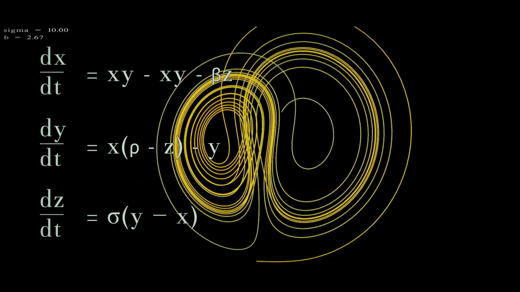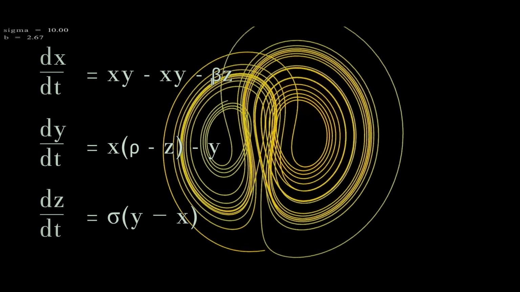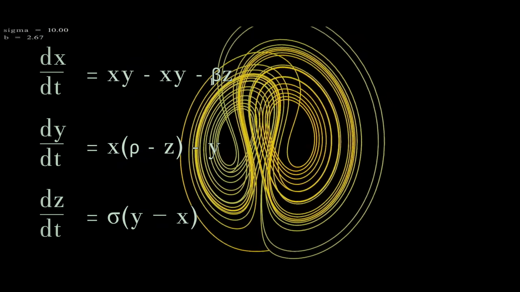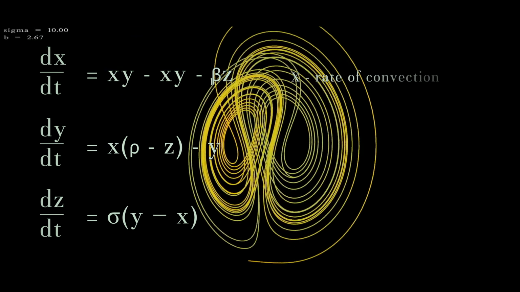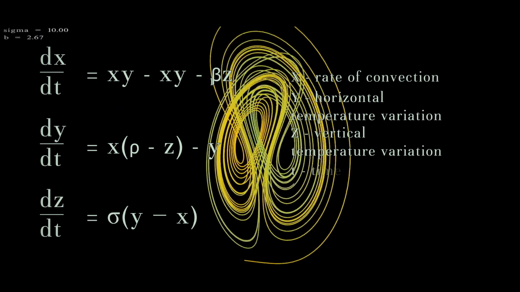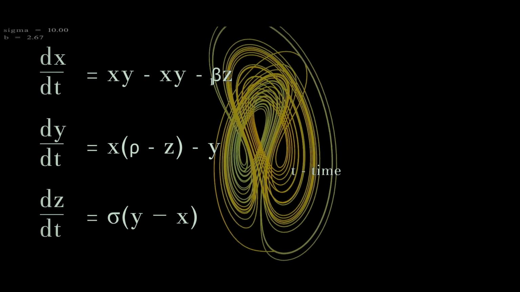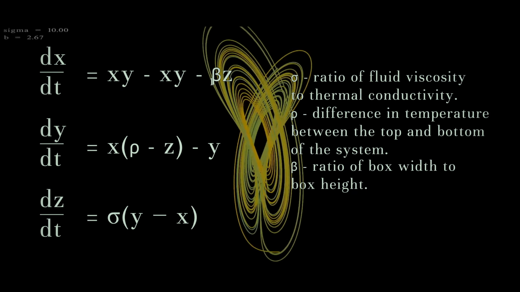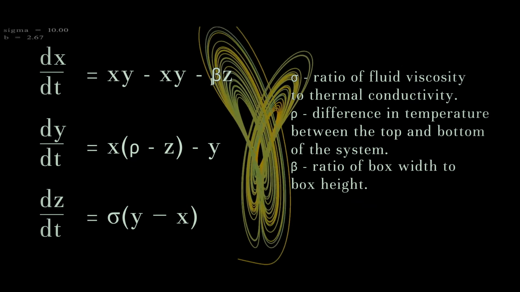The strange attractor arises from a set of three ordinary differential equations that represent a simplified model of atmospheric convection. These variables symbolize the convection rolls in the atmosphere, and t is time. The parameters sigma, rho, and beta are constants that determine the behavior of the system.